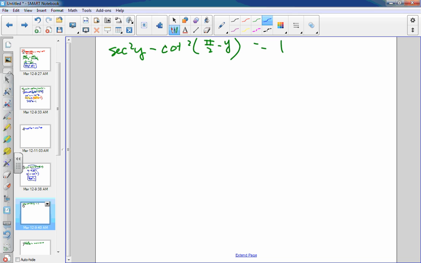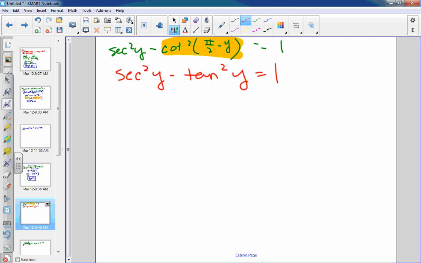And what would be tangent squared? This right here on page 340 is equivalent to just tangent of u, okay? Because it said the cotangent of pi over 2 minus u is equal to the tangent. So this is cotangent squared. So can I utilize that still? Yes, I just make it squared. So this is the secant squared of y minus the tangent squared of y is equal to 1.